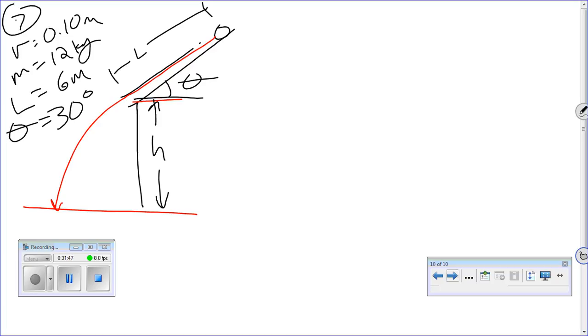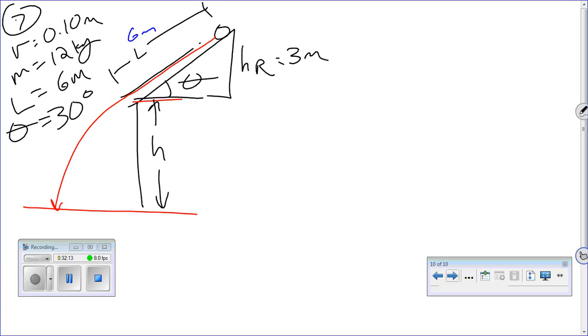So for part A, we have to find the velocity down here. This is almost the exact same thing as what we just did. I know that this L here is 6 meters. This is already called H, so let's call this HR, as in height of the roof. Since this is 30 degrees, this is just going to be 3 meters, right?